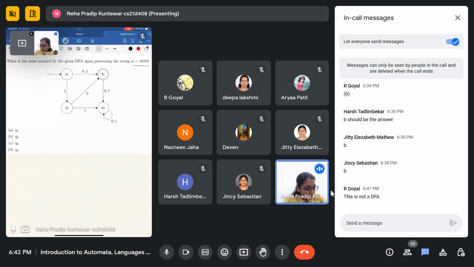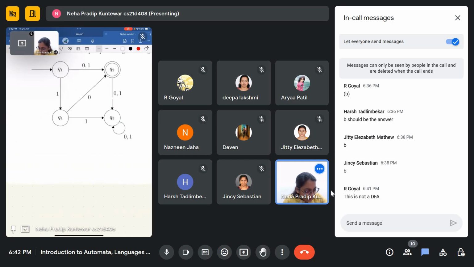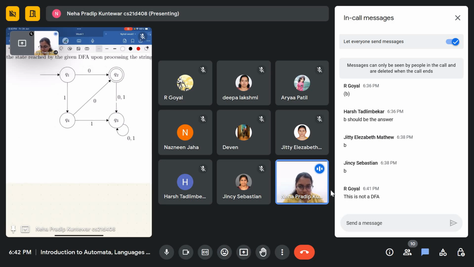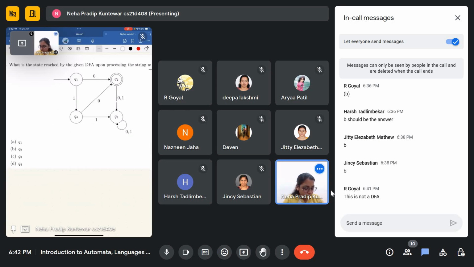Right, one second, I'll modify it. Thanks for pointing out. This was not a DFA because it had two transitions on the alphabet symbol 1. By definition that was not a DFA, but I've modified it. Please read it.